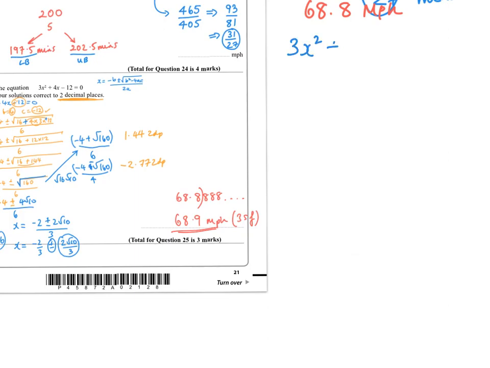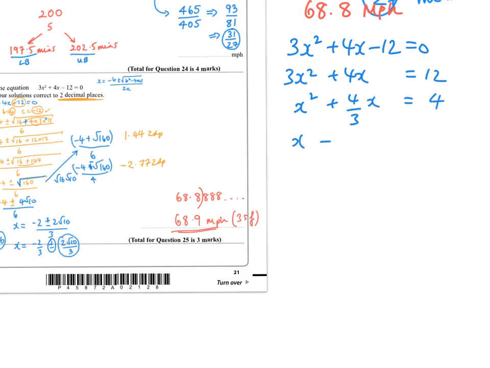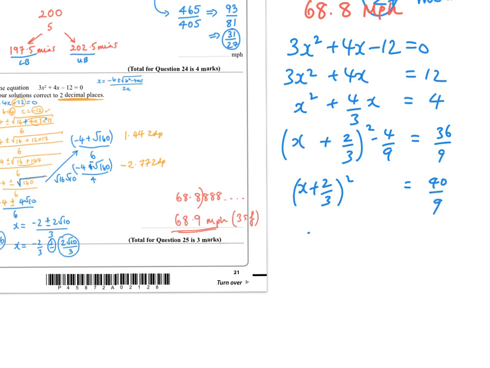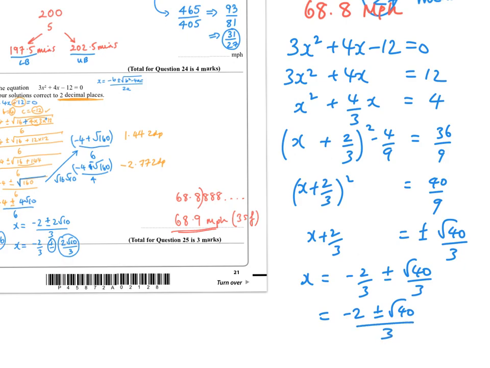So you can have 3x squared plus 4x minus 12, add 12 to both sides, divide everything by 3, complete the square here, change the 4 into ninths, and then you can just add 4 ninths to both sides, square root both sides, don't forget the plus or minus, square root of 40 over 3, and then you've got x is minus 2/3 plus or minus root 40 over 3, which gives you minus 2 plus or minus root 40 over 3.